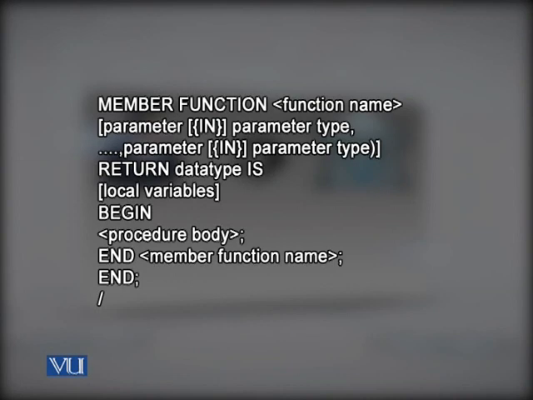But so far, you need to know what a stored function is and what a member function is, what the difference between them is, how we write them, how we call them, and what their relative features are. So far this is enough to know, and in the later topics we'll discuss them in detail.